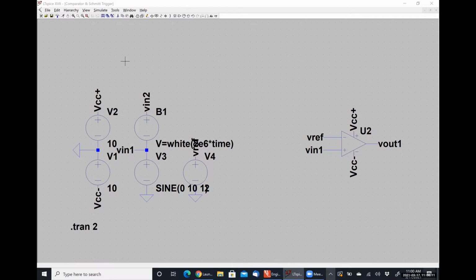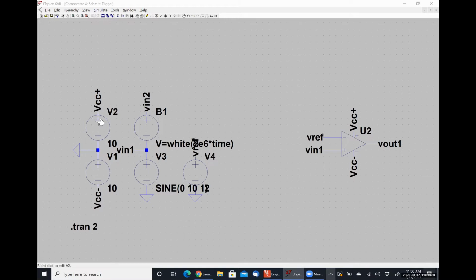So maybe I should explain what I'm doing. Let me see if you guys can see my mouse. Yeah, okay. For my power supply voltages, I have just placed two voltage sources on top of each other, tied them together, and put the middle terminal as ground.